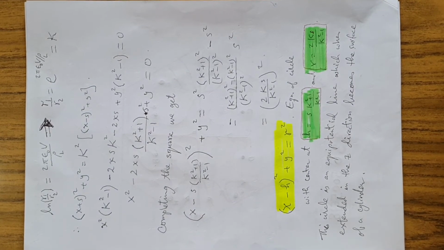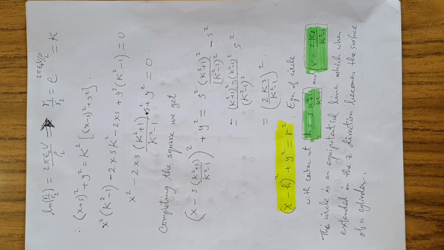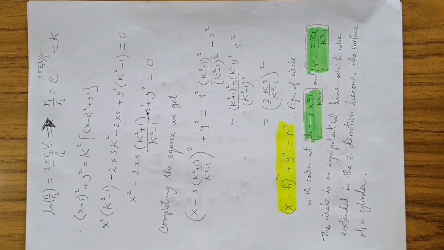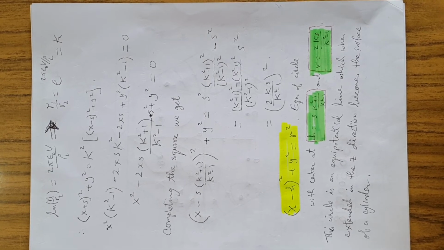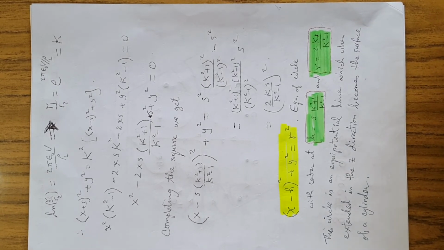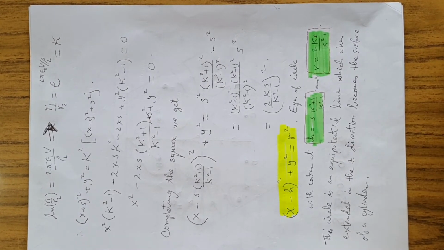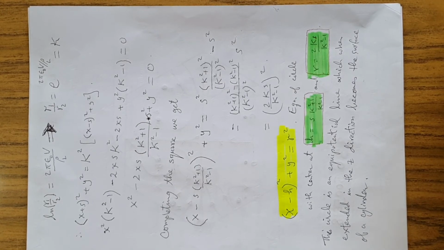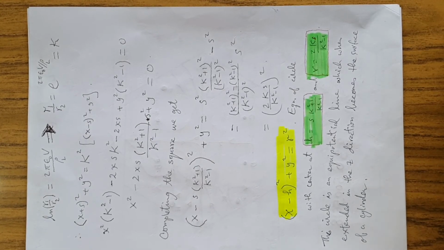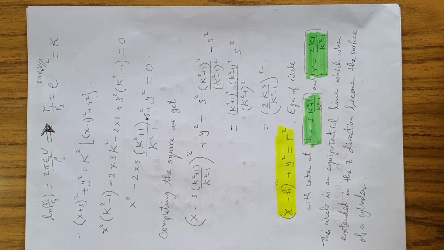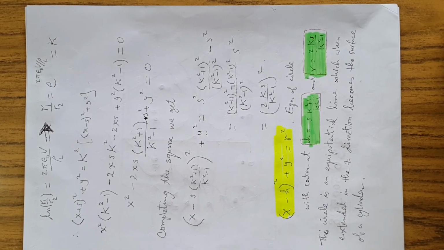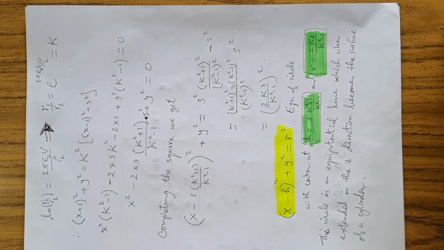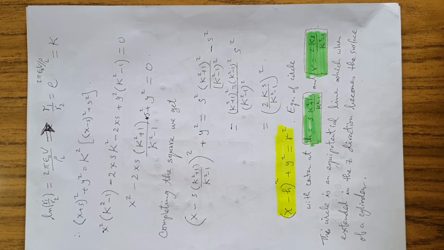Ln R1 over R2 is 2 pi epsilon naught times V over rho L. Taking the exponential, e to the power ln R1 over R2 is R1 over R2, and it is equal to the exponential of 2 pi epsilon V over rho L, which is a constant if we take V as a constant. Call this constant K.